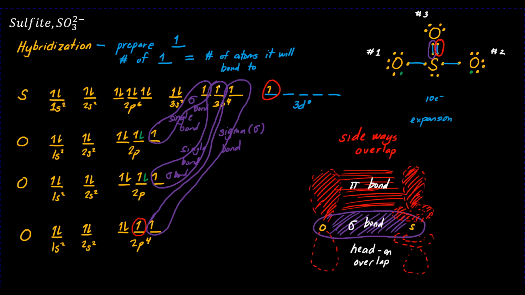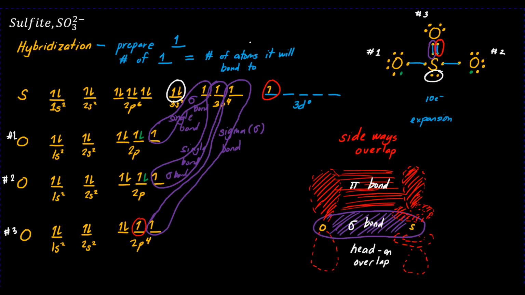Now let's look at sulfur again. This orbital holds the lone pair, this one bonds with oxygen number 1, oxygen number 2, oxygen number 3.